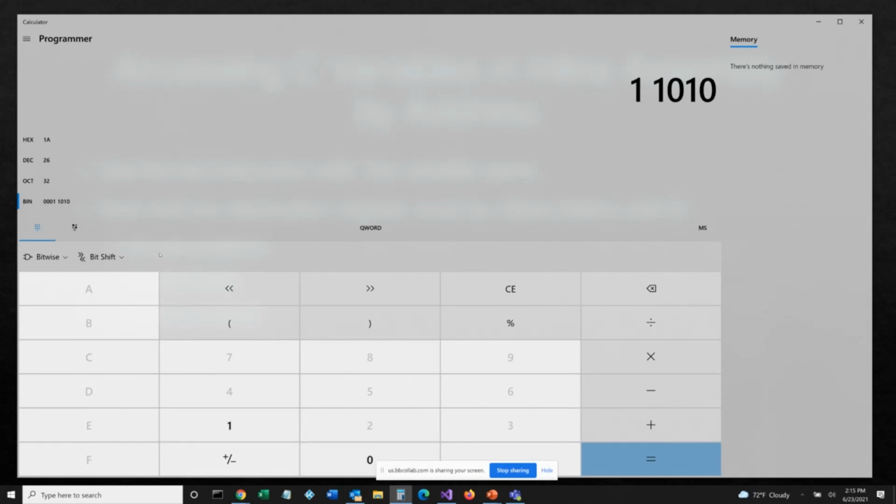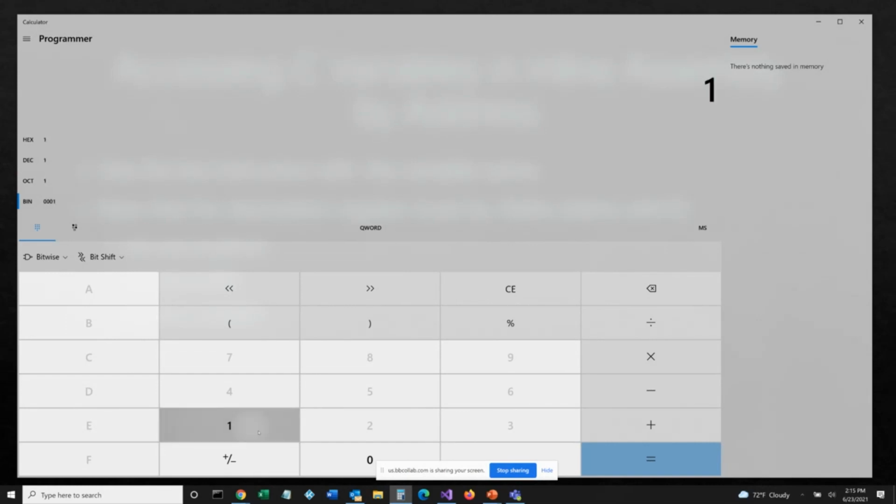So I can clear this. What happens is that the other possible values get grayed out. For hexadecimal we've got 0 through F. For decimal we've got 0 through 9. Octal we've got 0 through 7, and binary we only have 1 and 0.